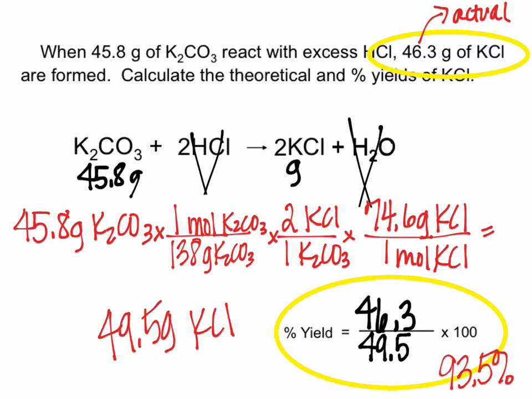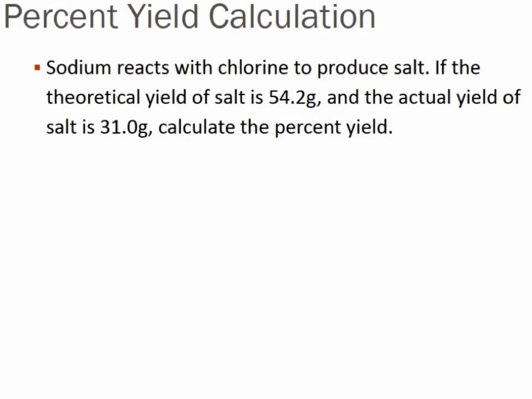The next one says sodium reacts with chlorine to produce salt. If the theoretical yield, so right here is my theoretical, is 54.2, and the actual yield is 31, calculate the percent yield. This is one of those easy ones.